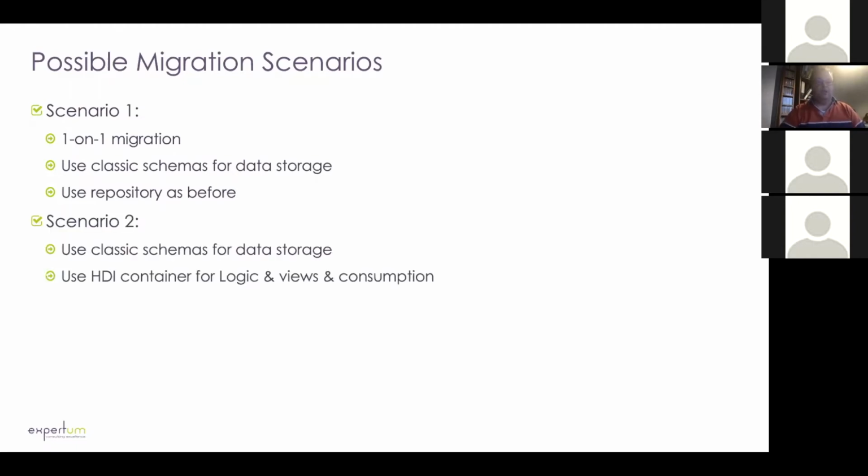The second scenario makes very much sense to me, and I think specifically in data warehousing and large data sets that people will choose, is that currently most of your data is already in classical schemas. And like I said, when you start developing your views, you're going to give every developer an HDI container.